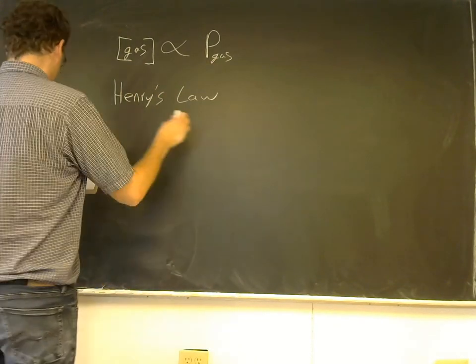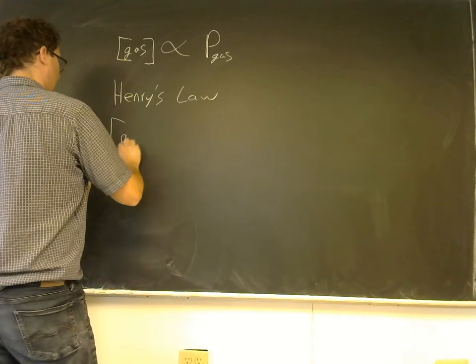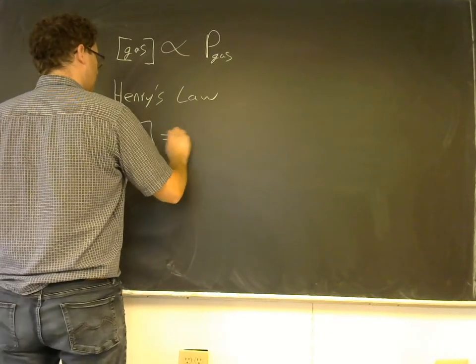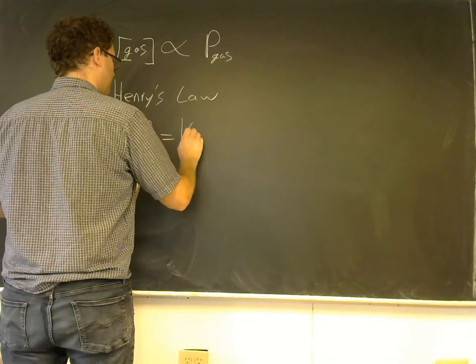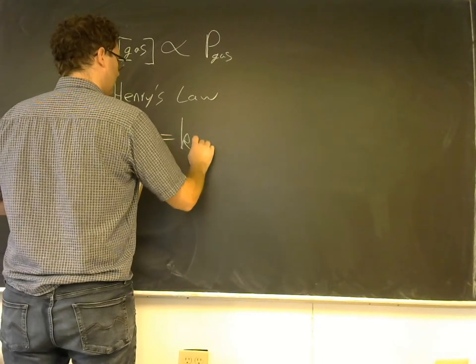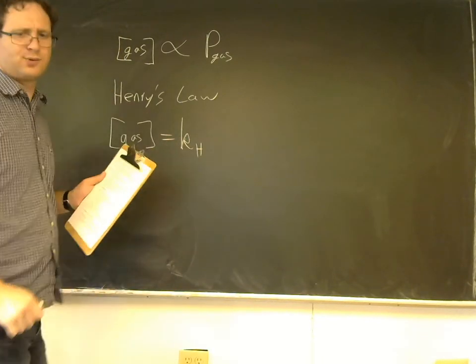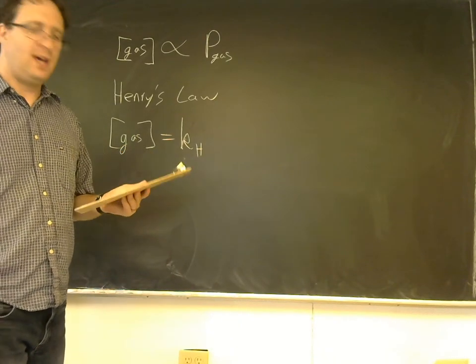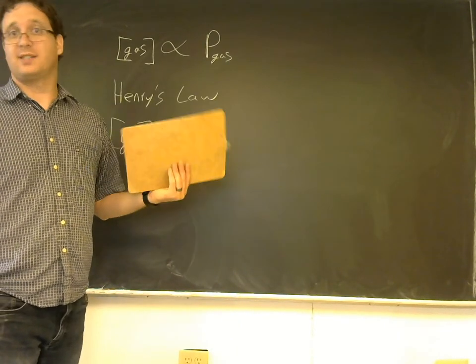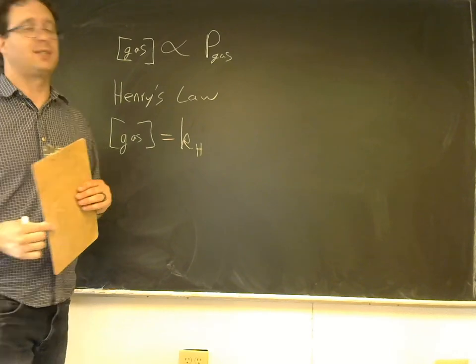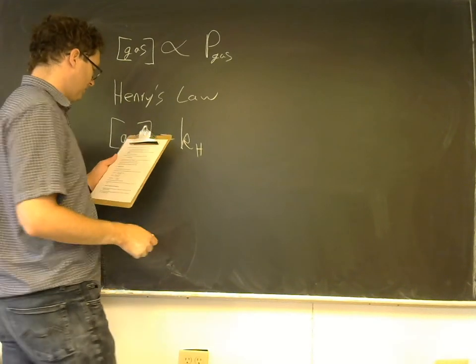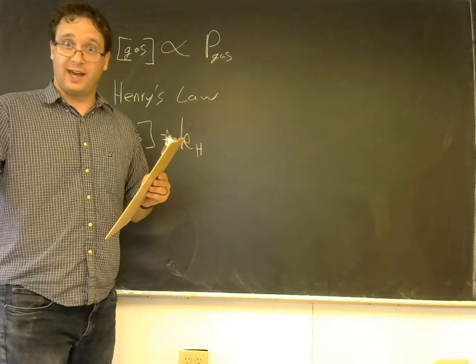And Henry's law basically says that the concentration of the gas is equal to some constant, which we call the Henry's law constant. And each gas is going to have its own Henry's law constant. Actually, each combination of gas and solvent.